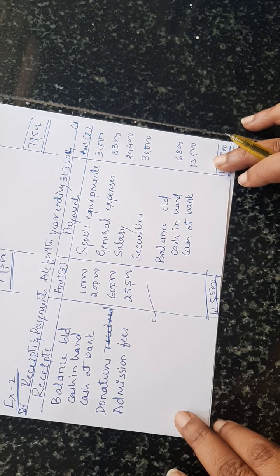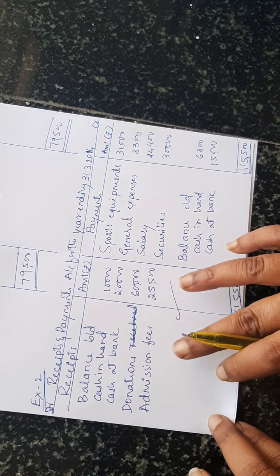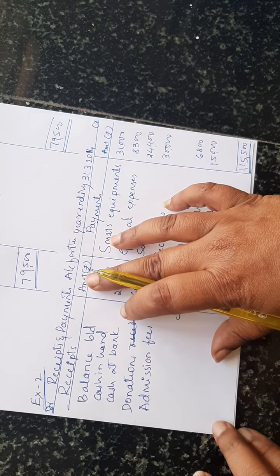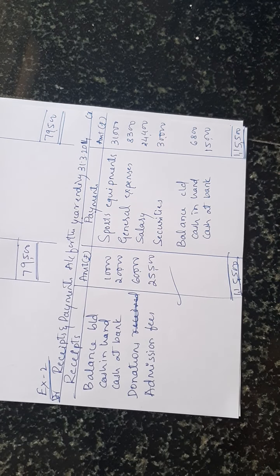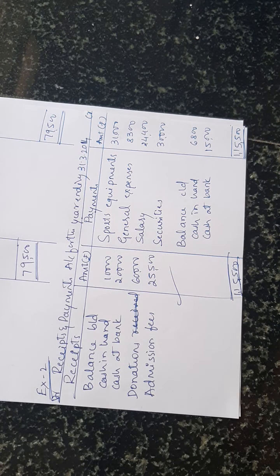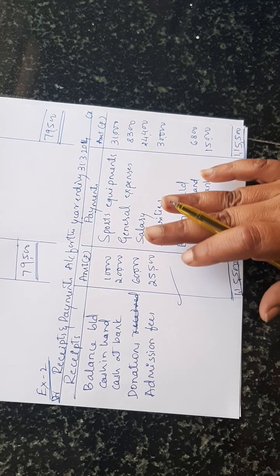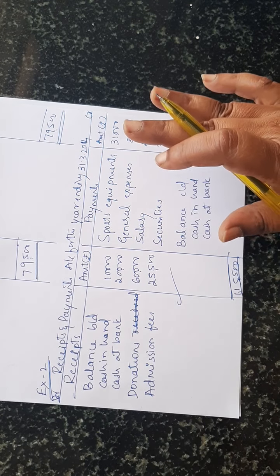Got this now? How to do the problems under receipt and payment account. You just identify receipts and payments, which you have already studied in first PUC. Cash book you have prepared, the same thing here. In cash book generally we write the narration, and here we are not writing the narration because it is a summary of the cash book.